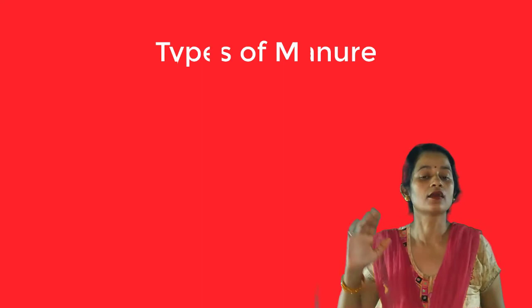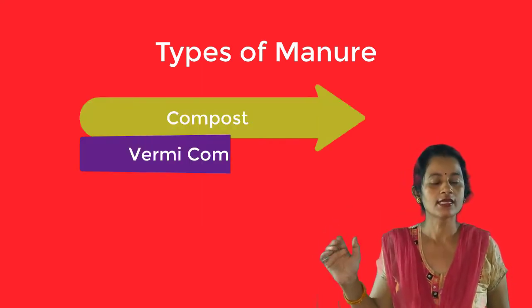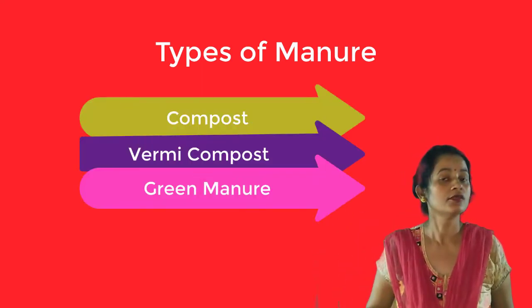Although manure is rich in organic matter, it is not very rich in nutrients like nitrogen, phosphorus and potassium. On the basis of the kind of biological waste used to make manure, it can be classified into three types, that is compost, vermicompost and green manure.